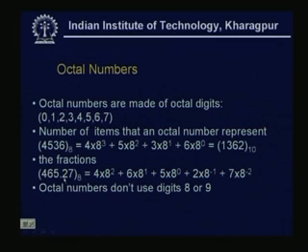Then the place value should be decremented, that means 2 into 8 to the power minus 1, 7 into 8 to the power minus 2. If we compute this, we will get the decimal equivalent of 465.27 in base 8. One thing you notice is that octal numbers do not use the digits 8 or 9. Only the 8 digits 0 to 7 are used, which is why the base is 8.